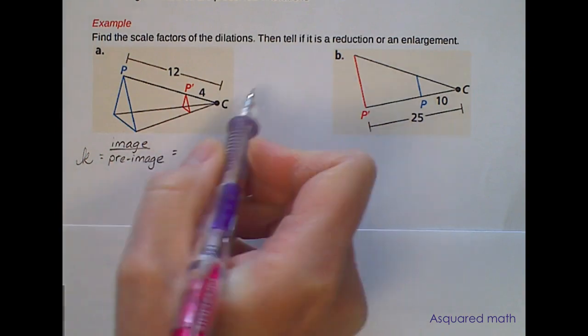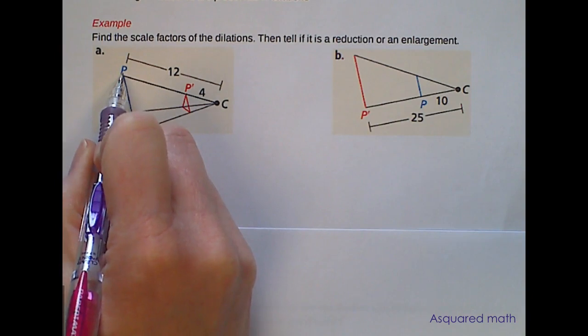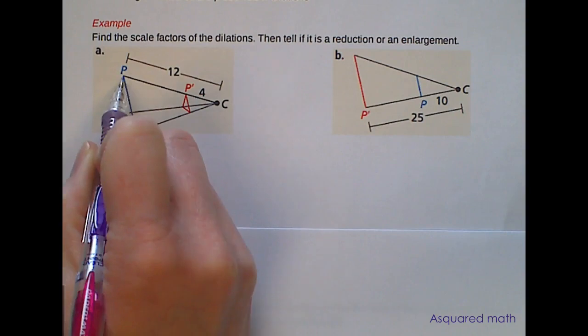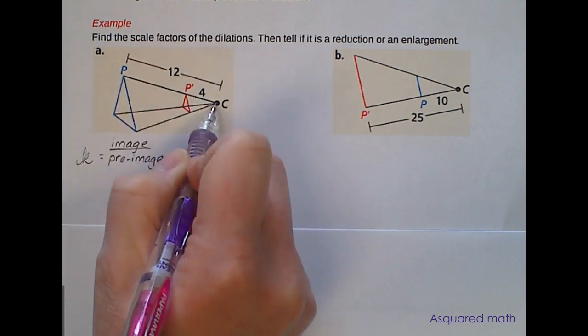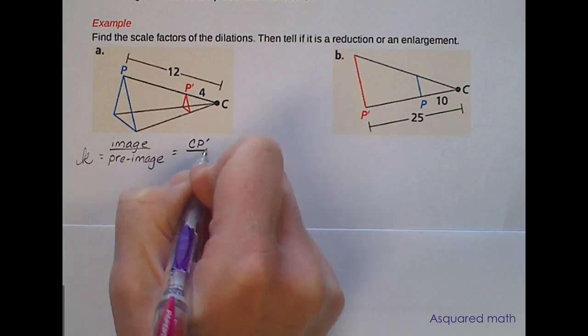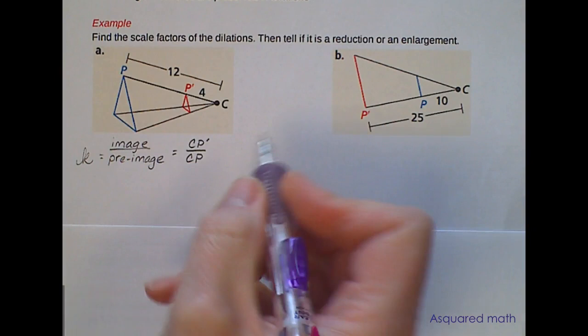In this case, P prime is our final image and P is our original. The pre-image is CP and the final image is CP prime. In the numerator, we want CP prime over CP, so we want that ratio.